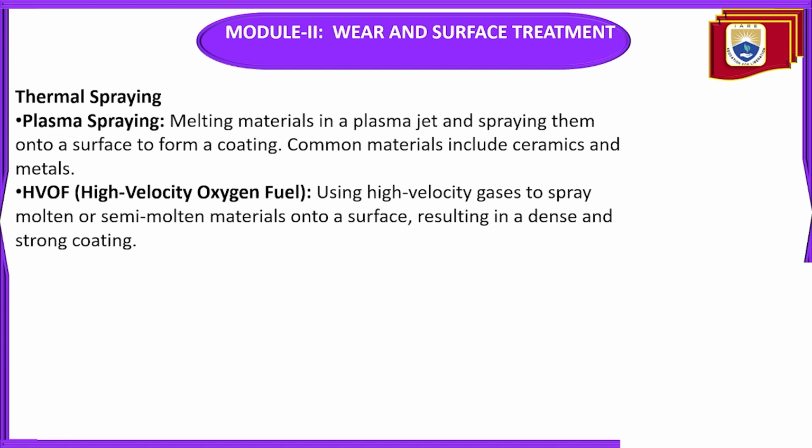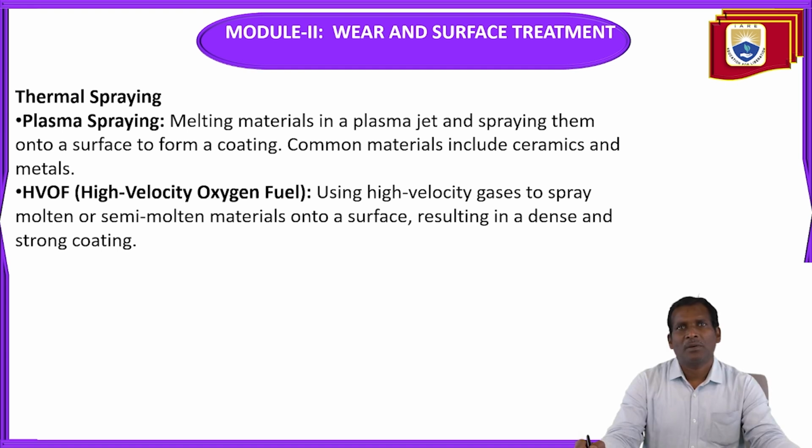Next, thermal spraying. In thermal spraying, one is plasma spraying, another one is high velocity oxygen fuel, HVOF. Plasma spraying melts materials in a plasma jet and sprays them onto a surface to form a coating.